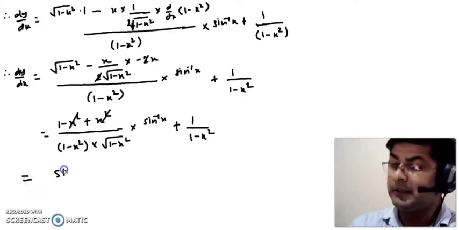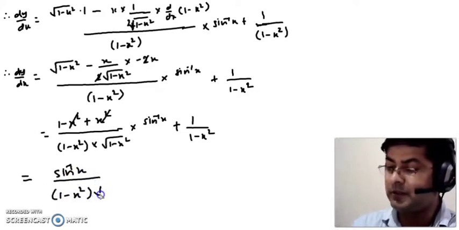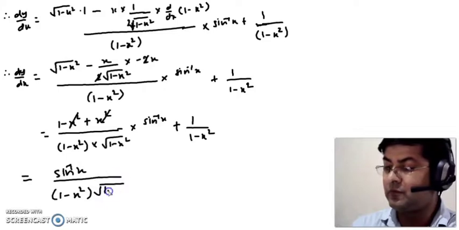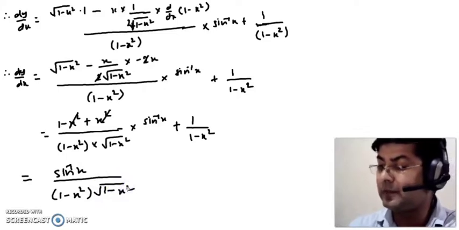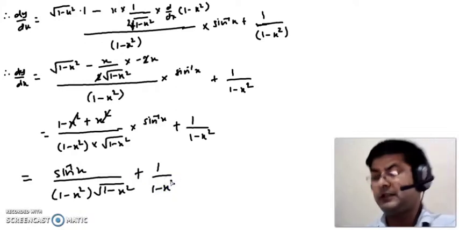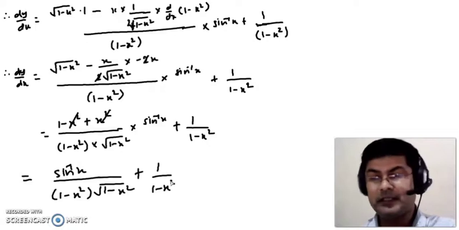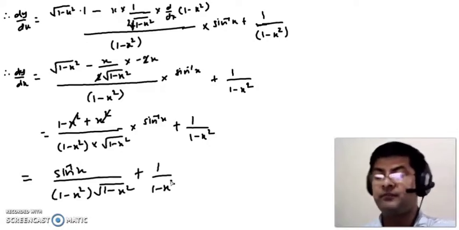sine inverse x upon square root of 1 minus x square into root of 1 minus x square plus 1 upon 1 minus x square. If you want to further simplify, you can take LCM and do one more step. Clear?